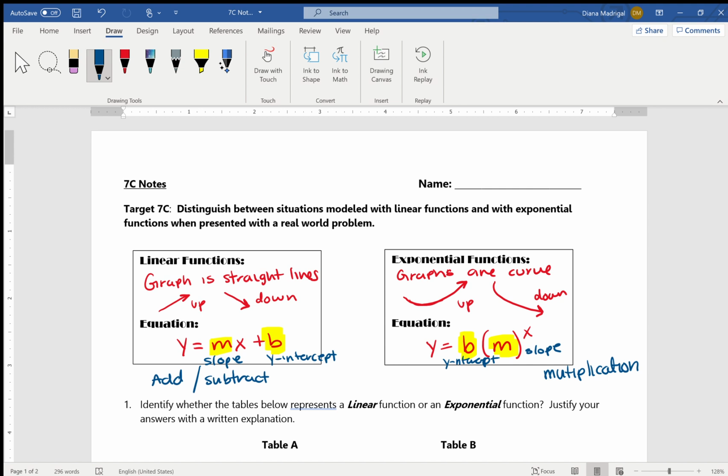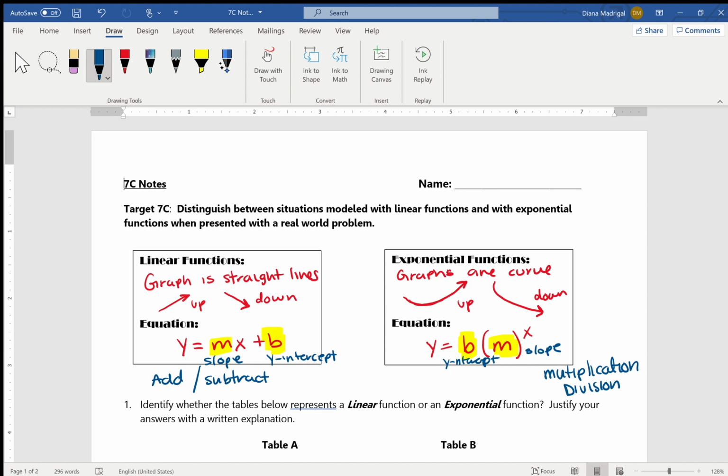For exponential, it can only be multiplication, and we're going to be seeing division too. I'll talk about it in a little bit once we get into the problems. But that's the difference you need to understand, because we're going to look at problems and either write the linear function or the exponential function. So please be careful with those.